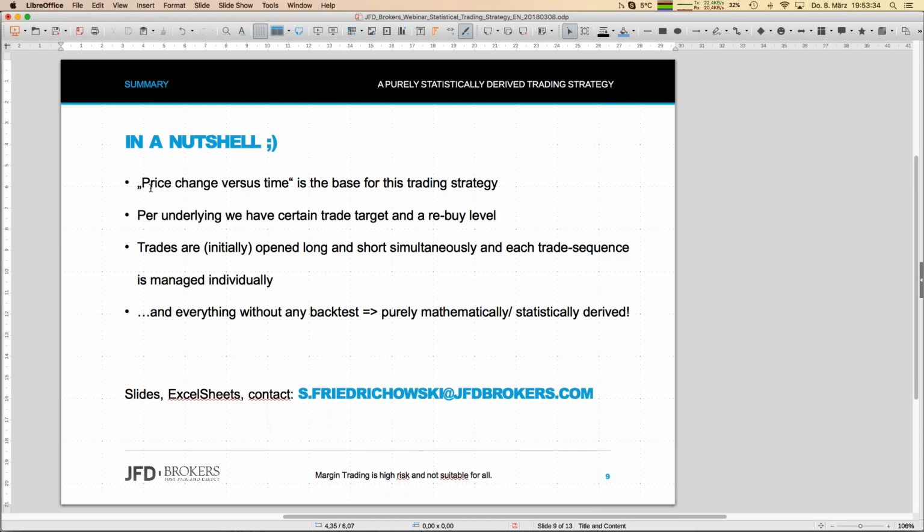So the take profit level is always meant for all short trades or all long trades. Same for the stop loss. So we always have only one take profit for each direction. Those trade sequences are managed individually, and that finally gives a very interesting equity curve.